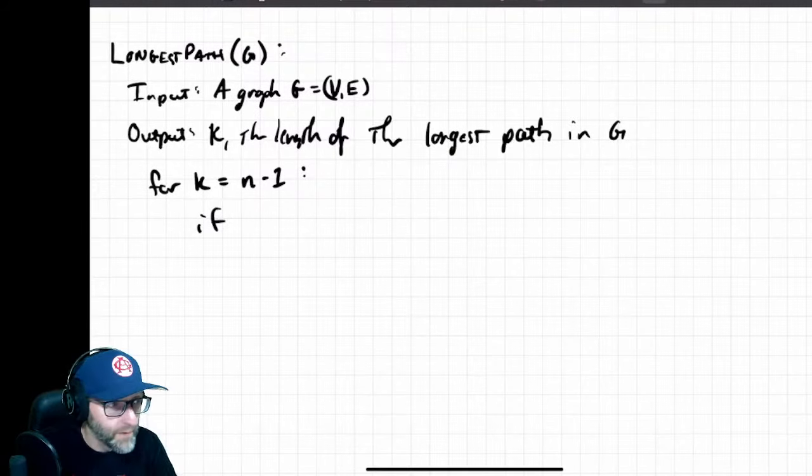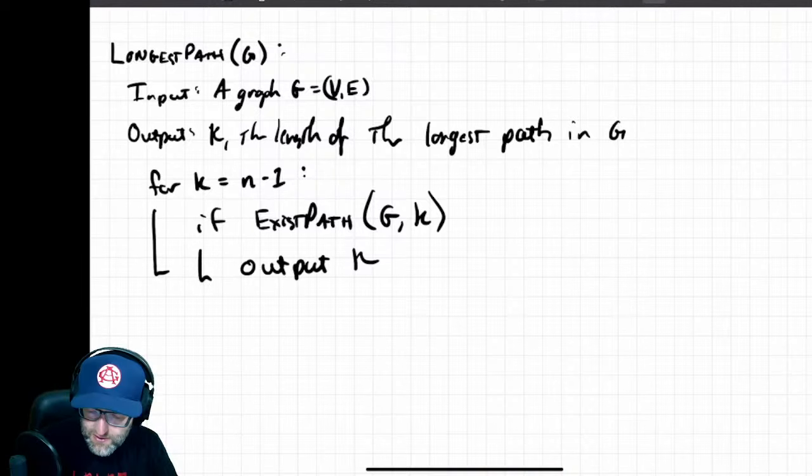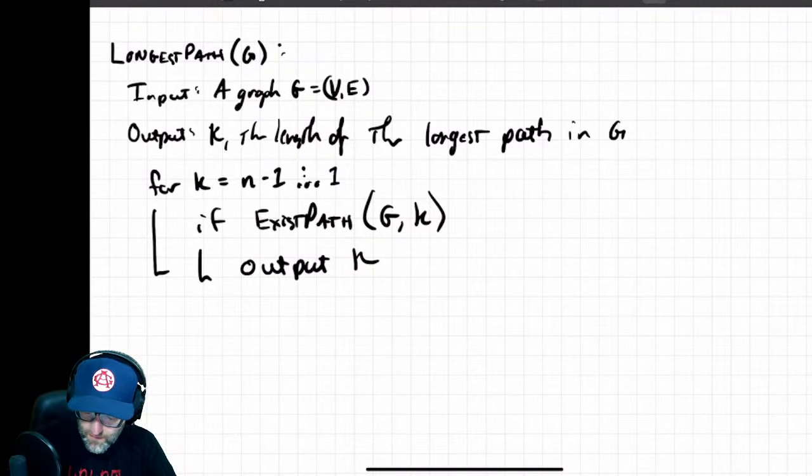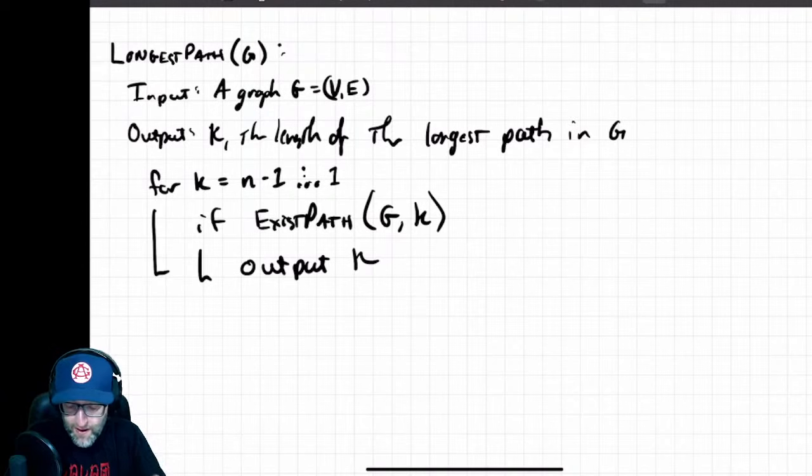If exists path of G comma K is true, output K and be done with it. So K runs from the potentially longest path down to the shortest path.